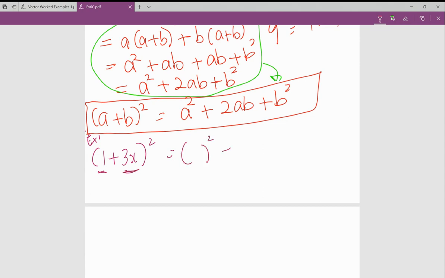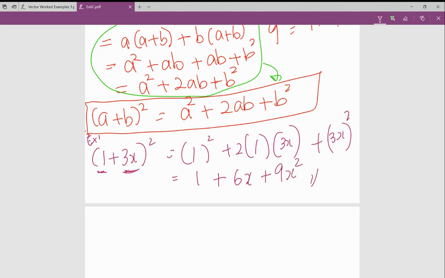I will put a squared plus 2ab plus b squared. And I will just put the a inside. a is 1, a is 1. b is 3x, b is 3x. And the answer becomes 1 plus 6x plus 9x squared. The expansion is very simple.